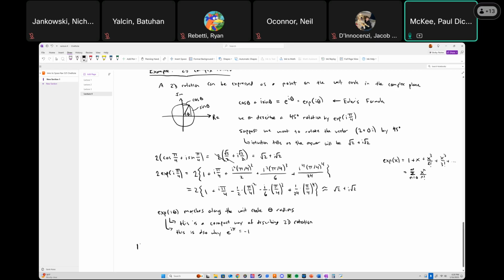So now take note. A 1 degree of freedom rotation requires a 2D plane to describe.